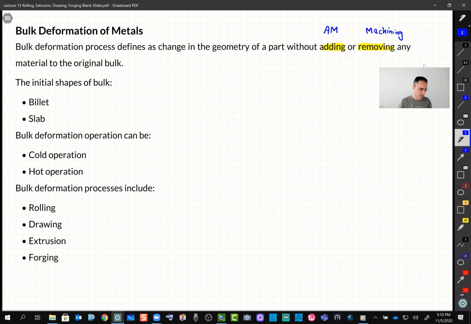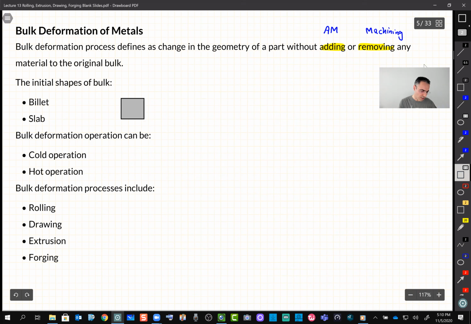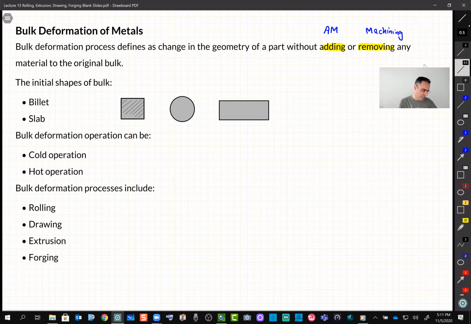That's the definition. Our original material can have any form, but the most common are either a square cross section or a circular cross section, or maybe just a rectangular cross section. Not very important, but just the terminology: if the cross section of the original bulk material is either square or circular, we usually call it a billet.